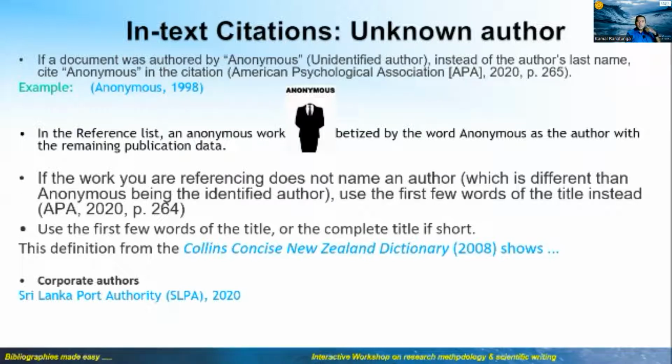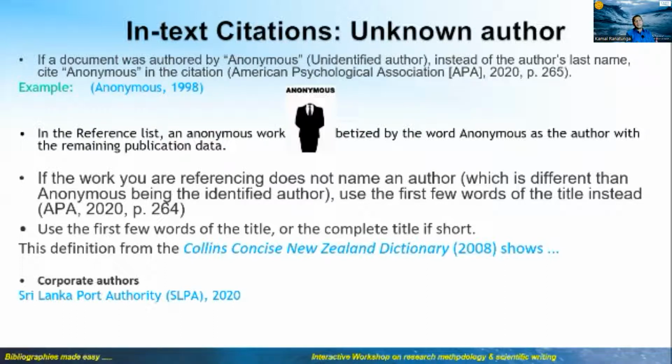Now there are some cases, if it is an internet source or something, where the author's name is not there. In that case, you don't have to give anonymous, because this is a bit confusing for many.